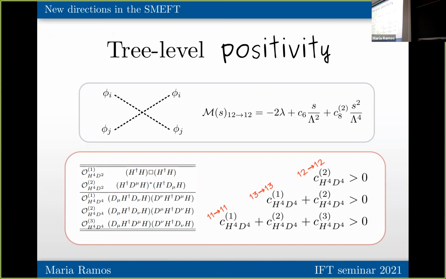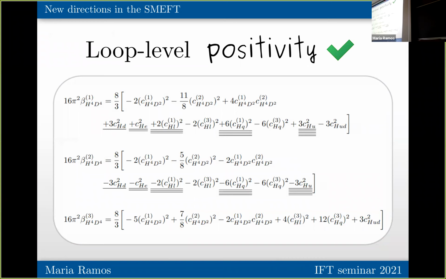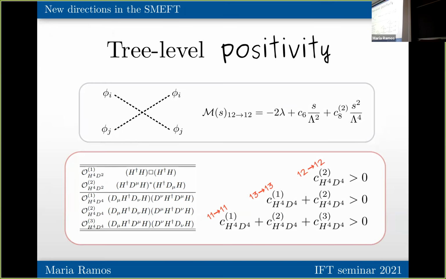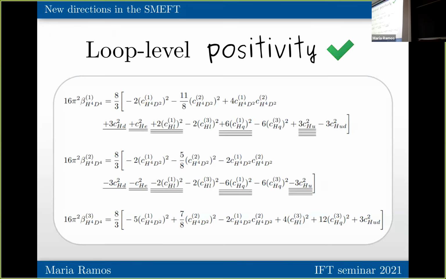What happens at loop level? Well, we could have access to this exactly because we have computed the beta functions of these Wilson coefficients. And what you see here is very interesting. If you consider the beta function of the second of these Wilson coefficients, which alone is subject to this condition, what you see is that in the bosonic set, without fermions here, you can form perfect squares, and so you have an overall minus sign.